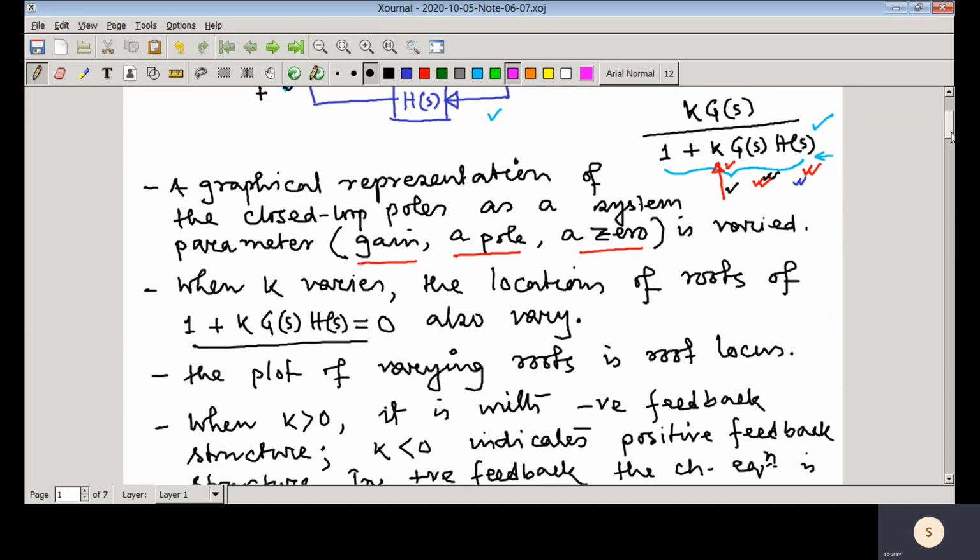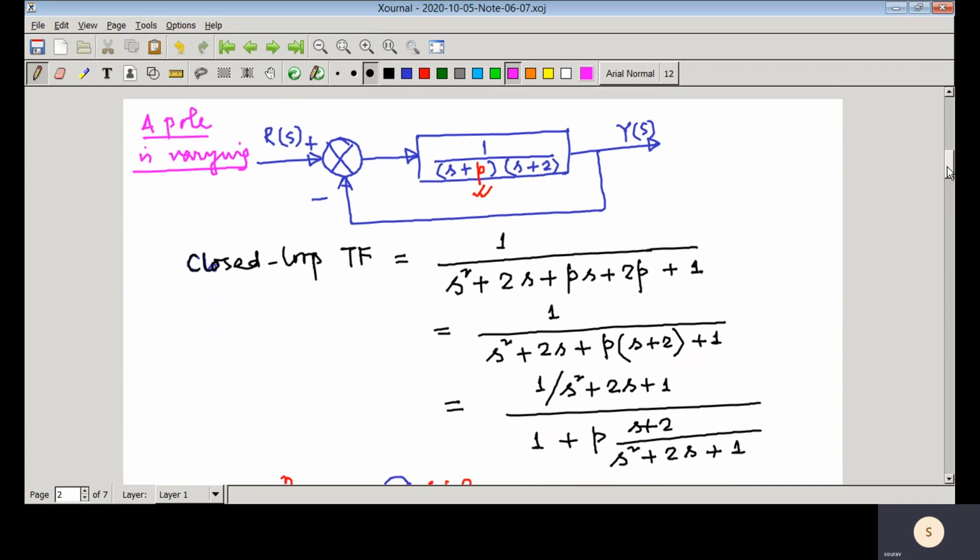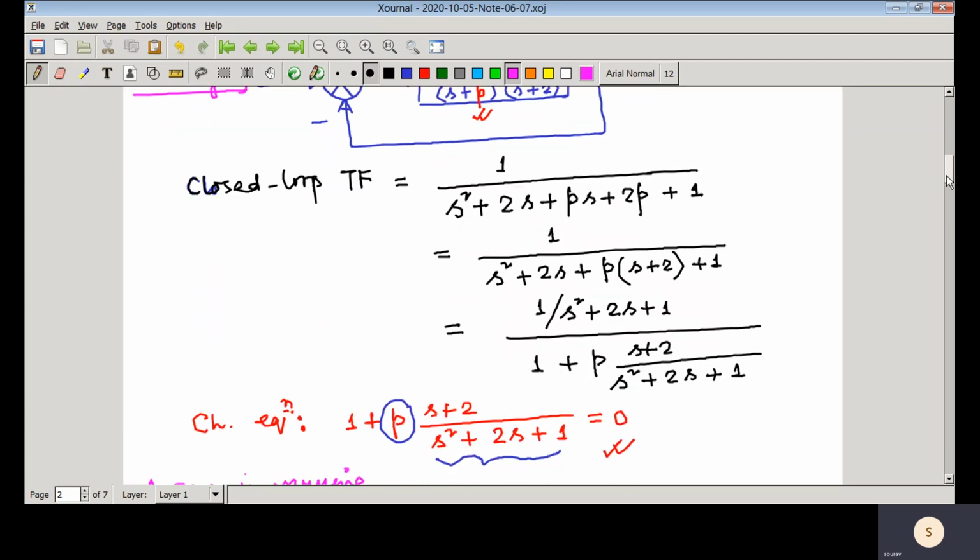So there are three situations we have seen, and how to formulate that problem in root locus framework that we have discussed.